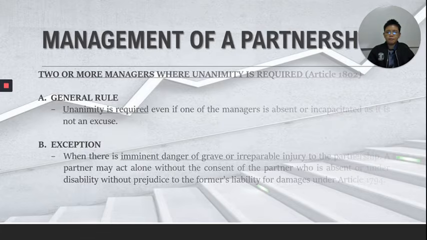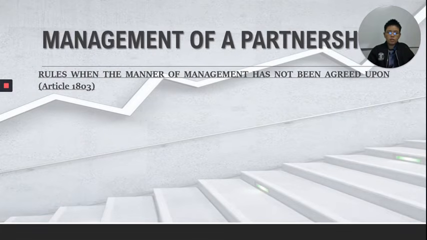What else? Also, 1803 here. In 1803, kung 1802 or more managers are, 1801 and 1802 or more managers are appointed. In 1803, walang inappoint na manager ang partnership. So, not a partner is appointed as manager, not a third person is appointed as manager.